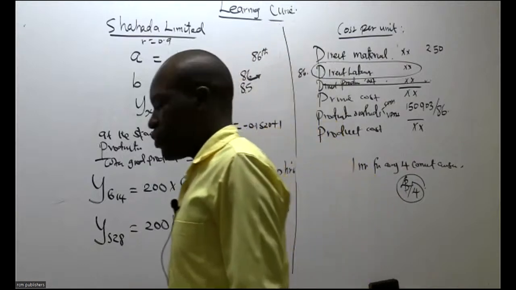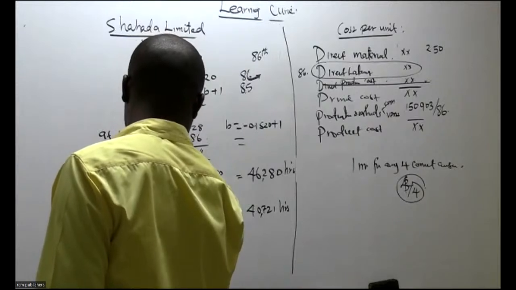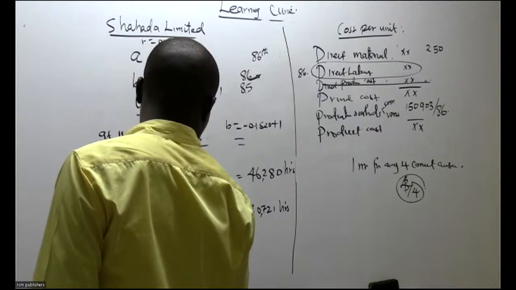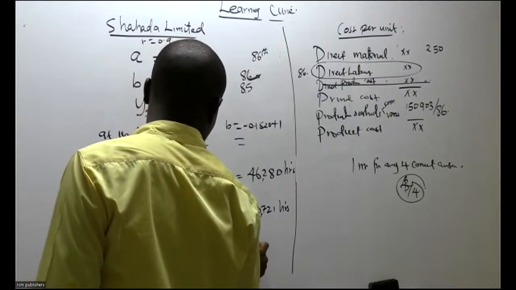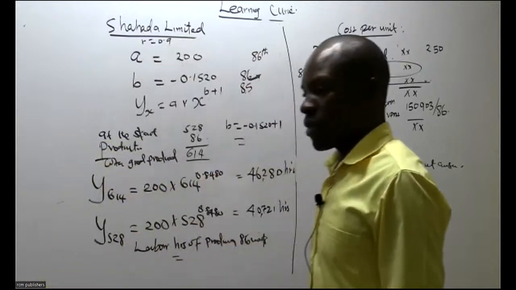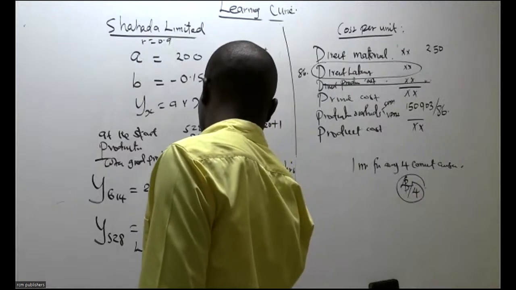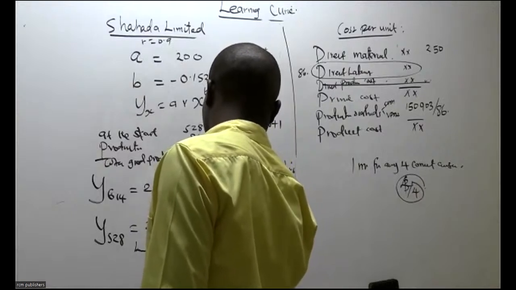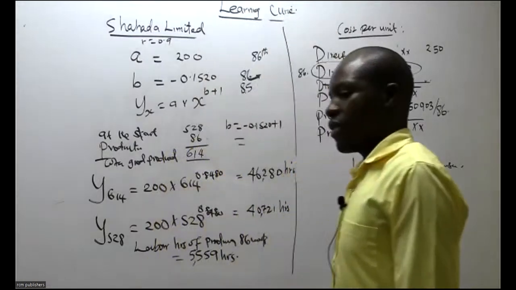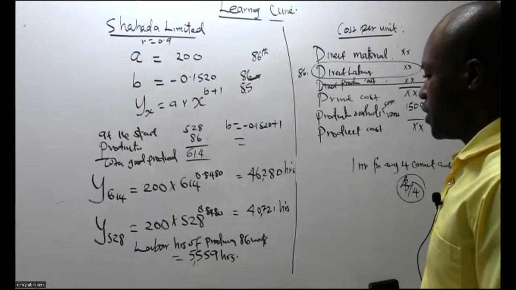Then the hours taken to produce 86 units, the labor hours of producing 86 units during the period, is 559 hours. Good.